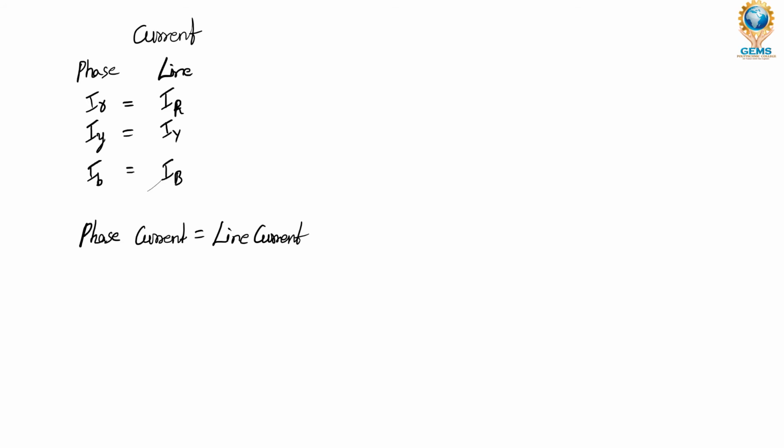And next we are going to see voltage, that is phase and line. Here the phase voltage in R phase is ER, and line voltage is ERY.